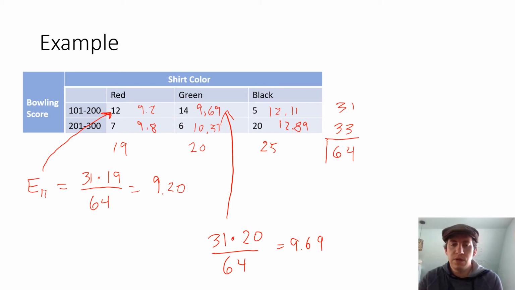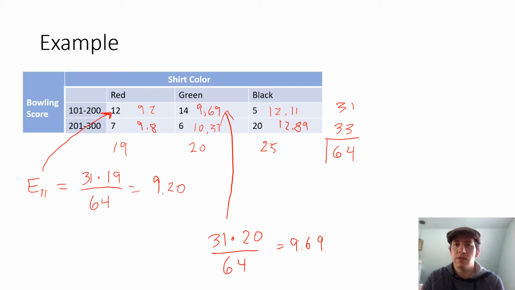Now, the numbers that are in black are the actual observed frequencies, and the numbers that are in red are the expected frequencies. And the idea here is that we're going to compute chi-square much the same way that we've done in the past. We're going to take the difference of these, square them, divide by the expected, and then add up all those values.